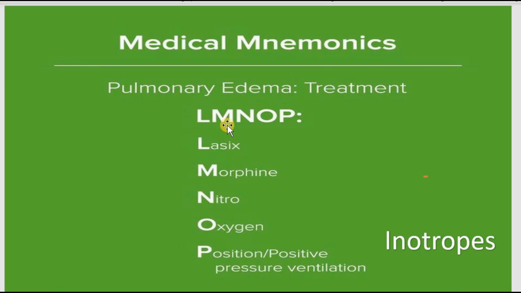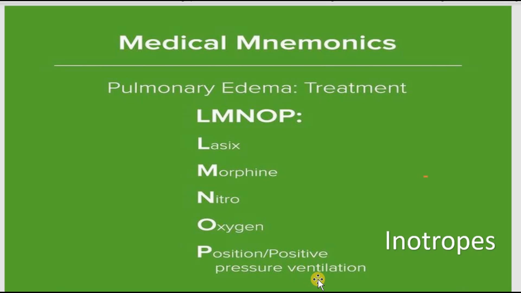Also, it has a vasodilatory effect. Nitroglycerin helps relieve chest pain or chest pressure caused by narrowing of the arteries. Or oxygen is administered if the patient is hypoxic. P is position the patient upright. And positive pressure ventilation, that is BiPAP or mechanical ventilation if indicated.